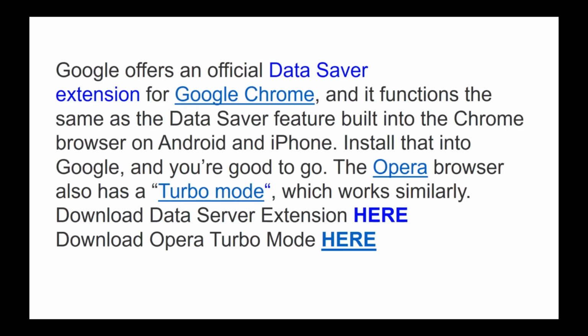Install that into Chrome and you are good to go. The Opera browser also has a turbo mode which works similarly. You can download the data saver extension from the Chrome Web Store.